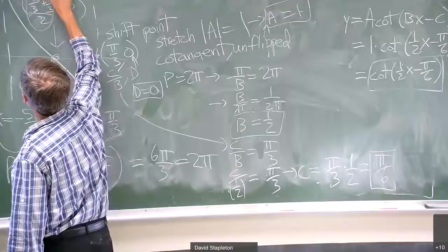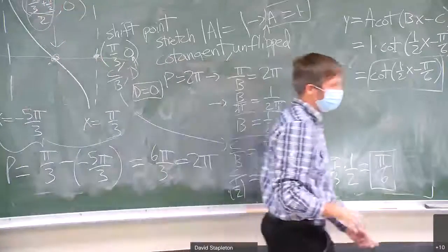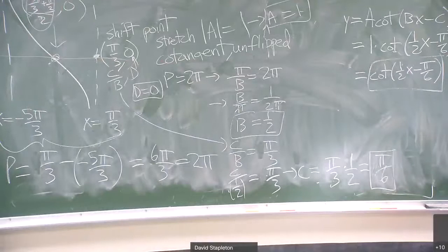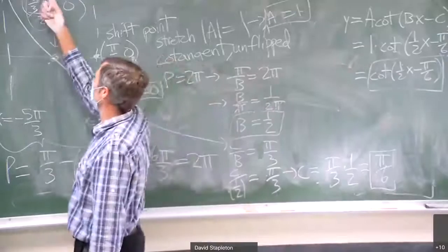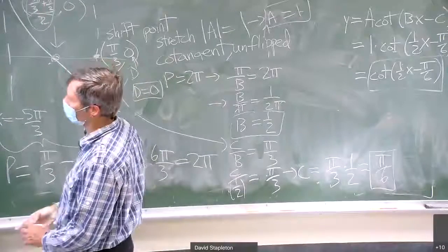So if you use that one, I think that's what I used for the tangent there. Apparently I used the other one, but this would work too. So if you want to use tangent, you could use this for the shift point. It wouldn't quite give you what's on the answer key.